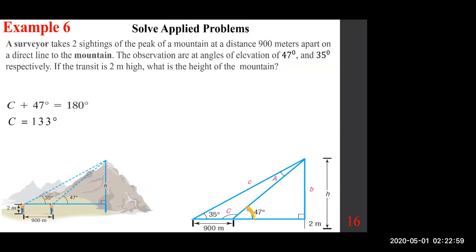So the very first thing, we can find this angle to be 133 degrees. That sounds good? That's an easy calculation. And so now we have all the angles for that oblique triangle, okay? And by that, I mean we are looking at this one, class.